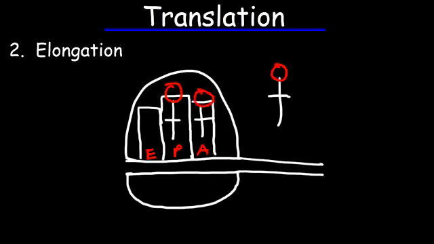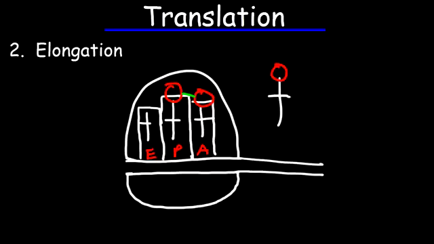And during that process, a covalent bond will form between the 2 amino acids that we see here, highlighted by the red circles. Now, as the process continues, the tRNA molecule in the P site will move to the E site, and as it does so, it's going to lose an amino acid.